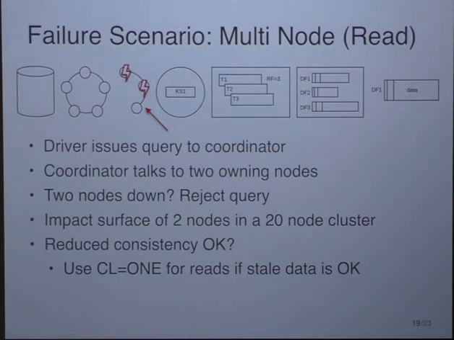But we were more okay with stale data earlier on. Now we've gone to quorum. So if you're okay with reduced consistency, use consistency level 1, and it won't matter if 2 of the nodes are down. Can you fail over to consistency level 1 if quorum fails?